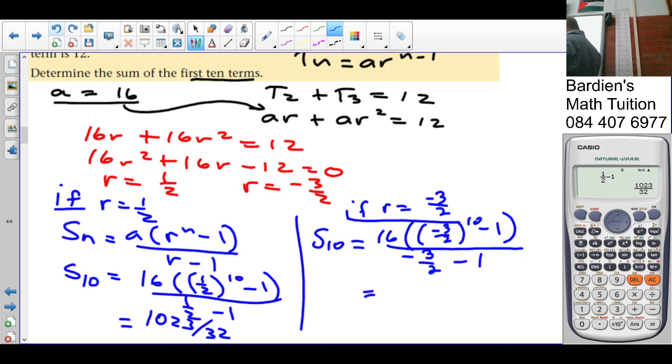That gives us an answer of negative 11605 over 32.